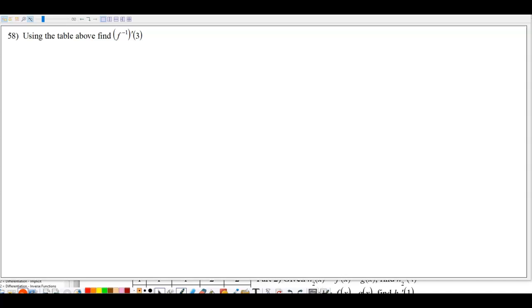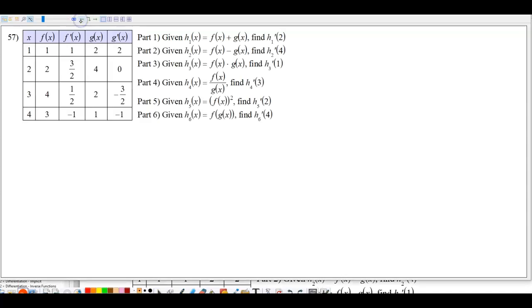All right, last one here. Using the table that we just used before, we're going to find f inverse prime of 3. So I'm going to go back to my chart here. I'm looking for f inverse prime 3. Well, we have a formula for that.